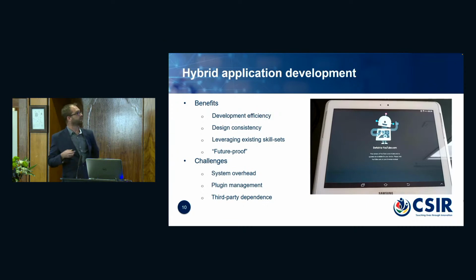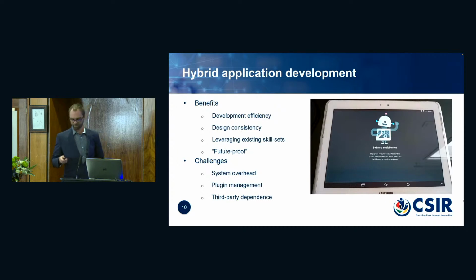So that's what I mean when I say future-proof. However, challenges of using this technology, generally there'll be system overhead, so you have to learn a new framework. And you have dependencies now in other parts of the chain.